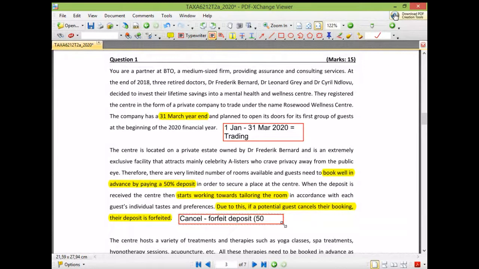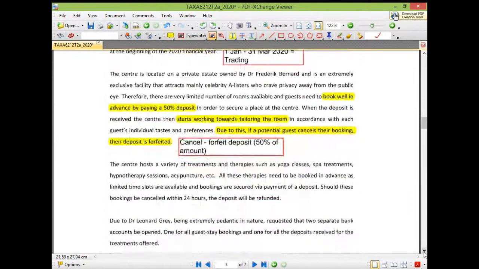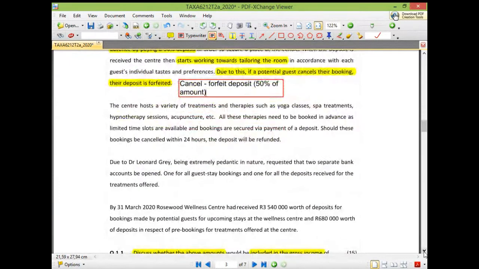Now, the deposit is 50% of the amount that they need to pay. The center hosts a variety of treatments and therapies such as yoga classes, spa treatments, hypnotic therapy sessions, acupuncture, and so forth. And these therapies need to be booked in advance as well because they've got limited slots.